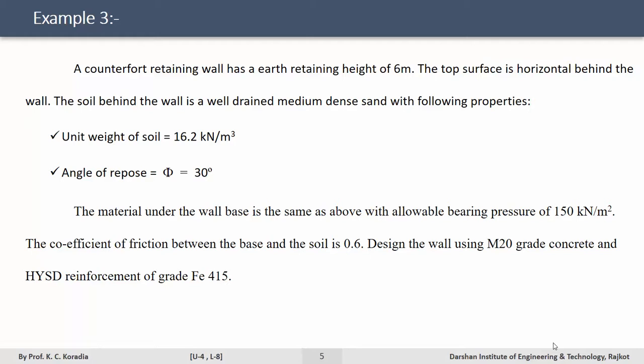The coefficient of friction between the base slab and soil is 0.6. The allowable bearing pressure of soil is 150 kN per meter square. Here grade of concrete to be used is M20 and the grade of steel to be used is Fe415.